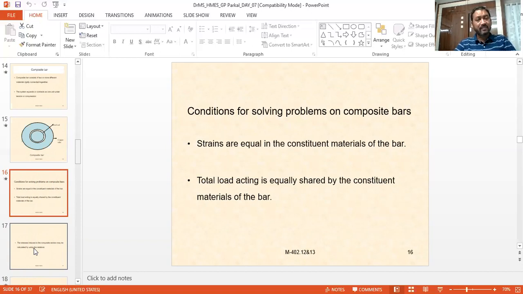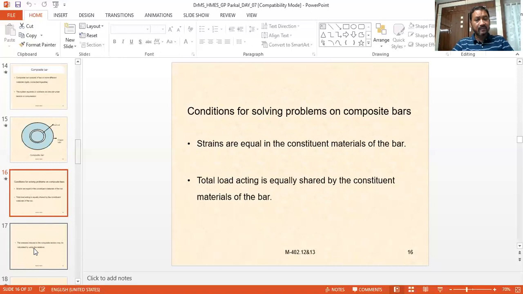Whenever a composite bar is subjected to some amount of external load, the strains produced in the constituent materials of the bar are equal. That is, the strain produced in the steel rod must be equal to the strain produced in the copper tube. That is the first condition.